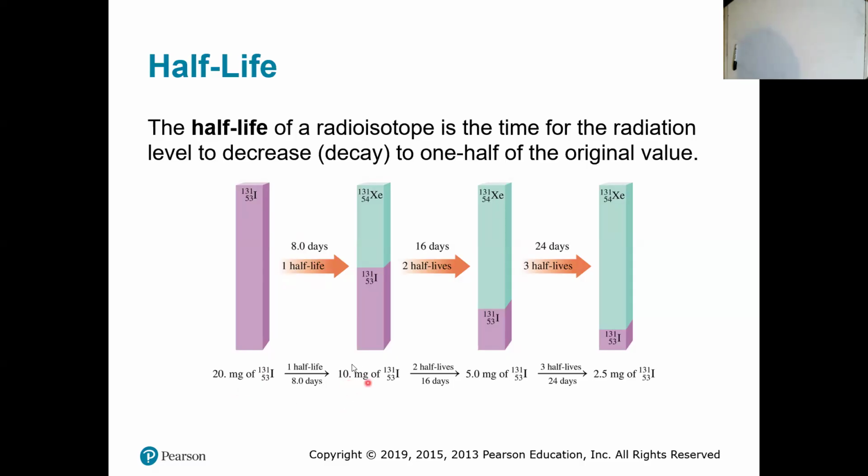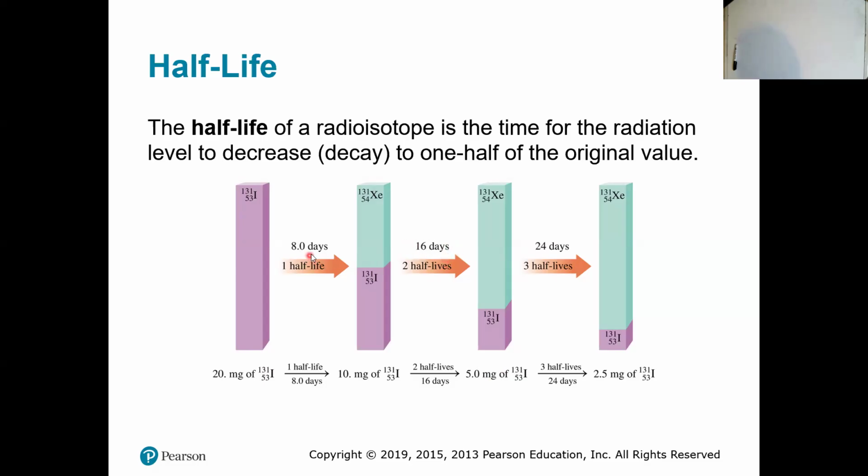Now our first half-life has passed and we have 10 milligrams of our isotope left. So now we're going to track the time that it takes for 50% of what we have left to decay. Our 10 milligrams is going to decay into 5 milligrams. When we look at how much time has passed, another 8 days has gone by. So now 16 days is our total.